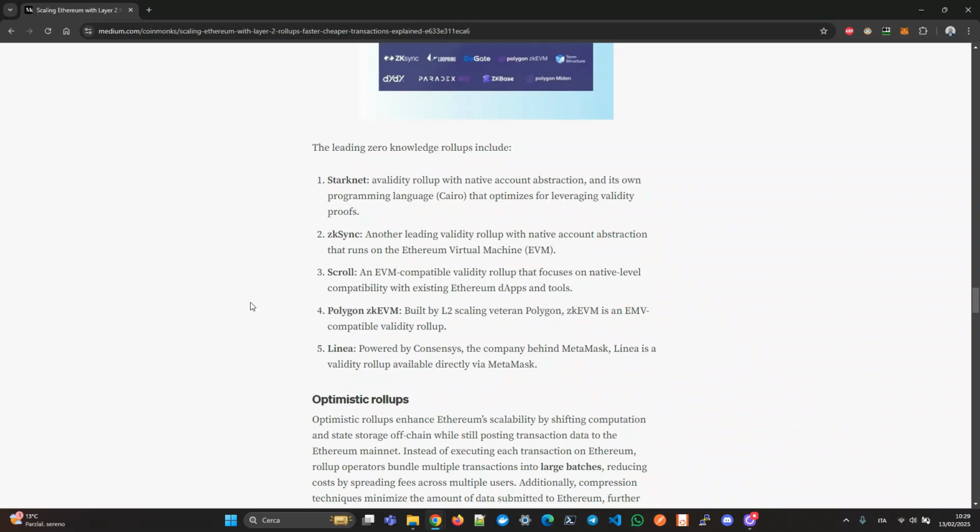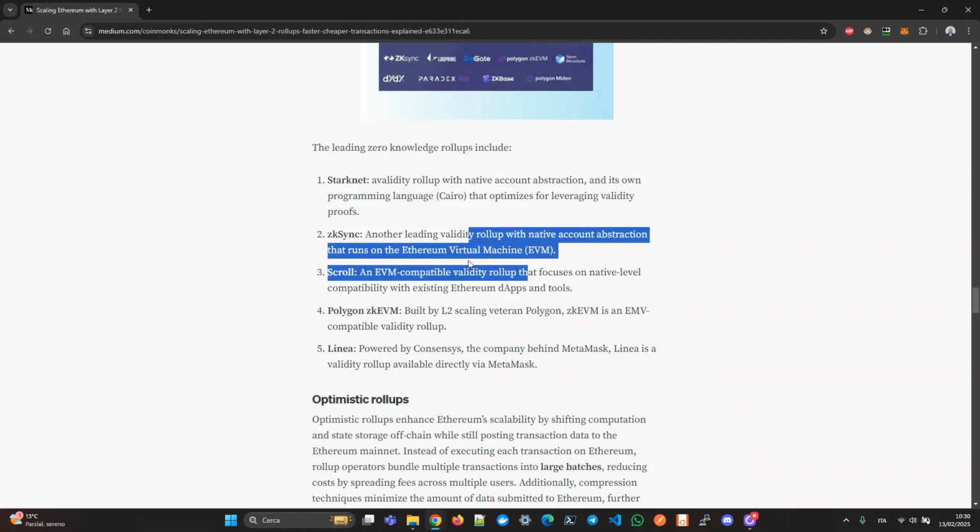There are various examples of zero knowledge rollups. The most important ones are Starknet, as we said here. It is a rollup with a native account abstraction and its own programming language, which is Cairo, that is optimized for leveraging validity proofs. Then there is also zkSync, which is another leading validity rollup with a native account abstraction that runs on the Ethereum virtual machine.